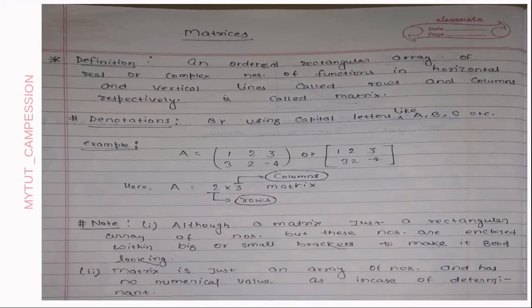Note, although a matrix is just a rectangular array of numbers, these numbers are enclosed within a big or small bracket to make it good looking. It is not necessary to give brackets in a matrix, but for good looking we can give a small or big bracket.